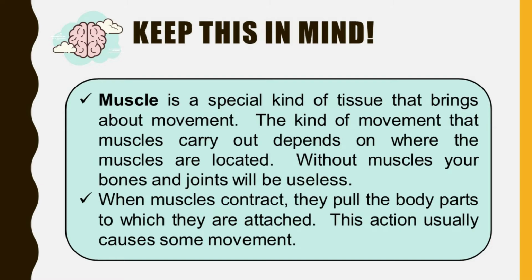The kind of movement that muscles carry out depends on where the muscles are located. Without muscles, your bones and joints will be useless. When muscles contract, they pull the body parts to which they are attached. This action usually causes some movement.